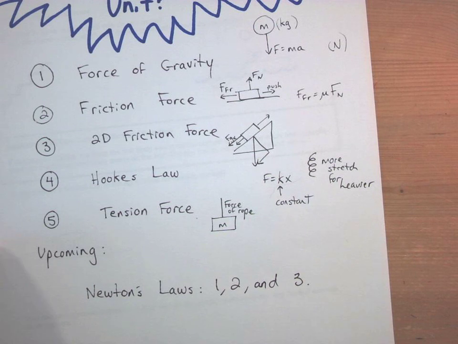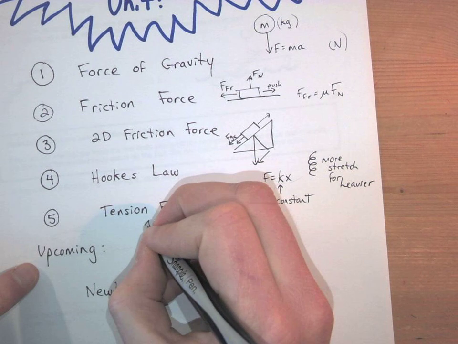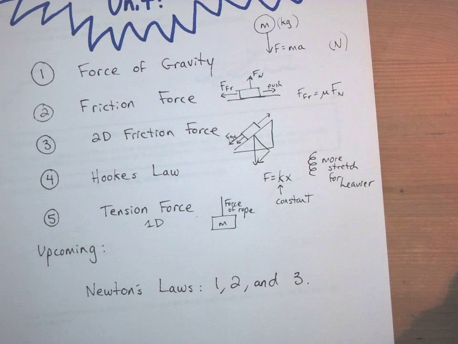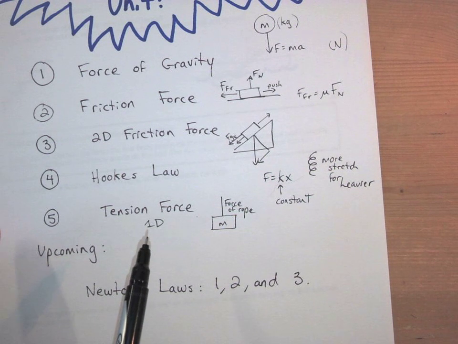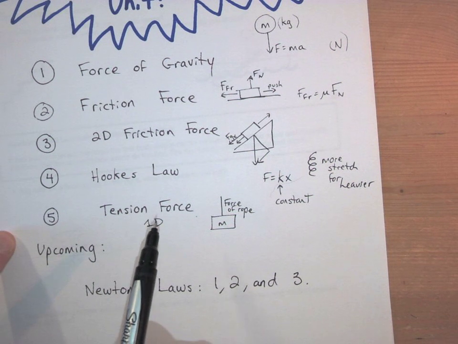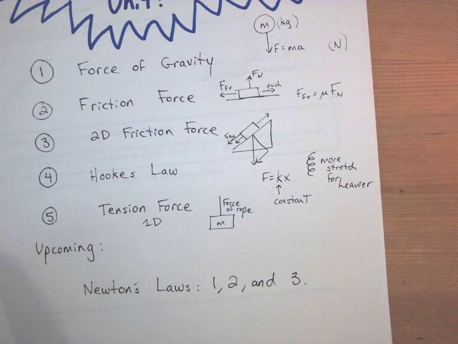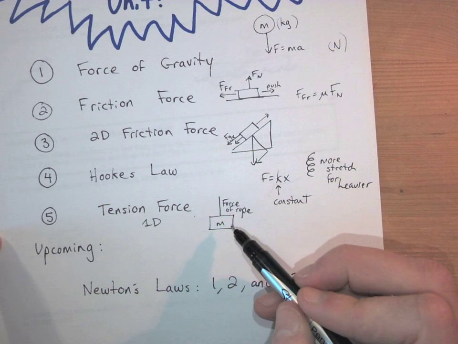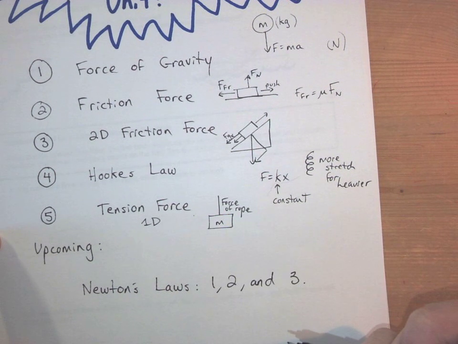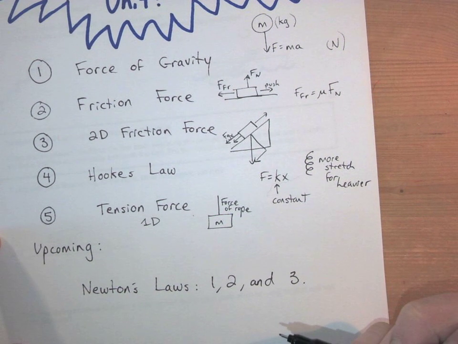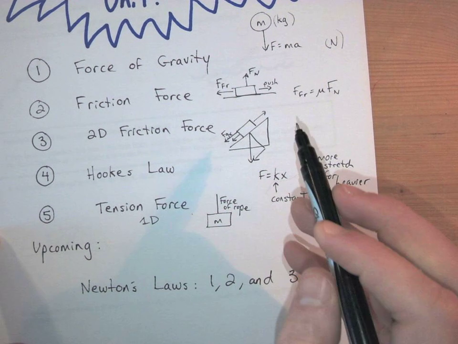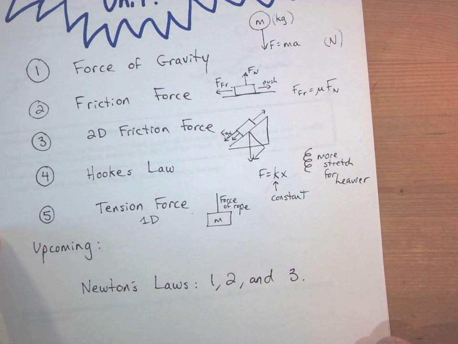So we have tension forces in 1D only. We were going to go into 2D, but we're going to scrap that now, and you would see that in Physics 12 anyways, so we're only going to do 1 dimension for tension forces. Alright, so our force of rope and our mass here. Okay, so that's what we've done and what we've seen so far. That's this unit so far.